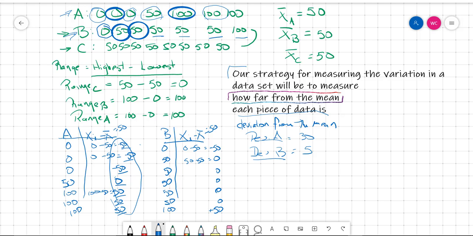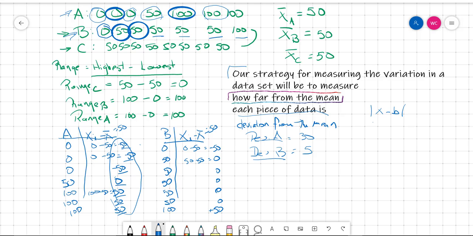But I don't know if you remember, but in algebra, when you have to work with the absolute value sign, it doesn't work very well. It's very messy, tricky, and hard to deal with. So we don't really want to use the absolute value, because we're going to be having to do calculations based on this.